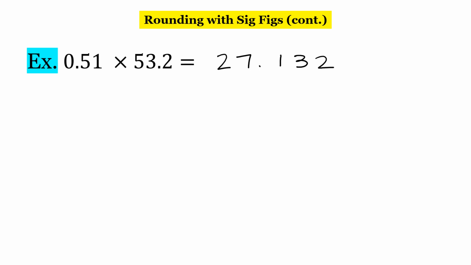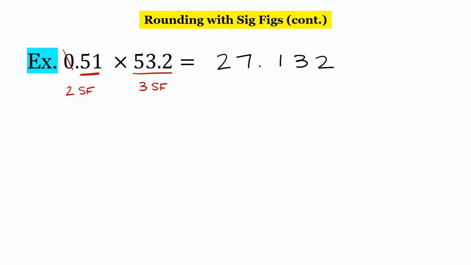We didn't round any of those numbers. Now we need to go through the numbers we multiplied and figure out how many sig figs we have. In our first number here, 0.51, we have 2 sig figs. That leading 0 does not count. In our second number here, we have 3 non-zero numbers, so this would be 3 sig figs.